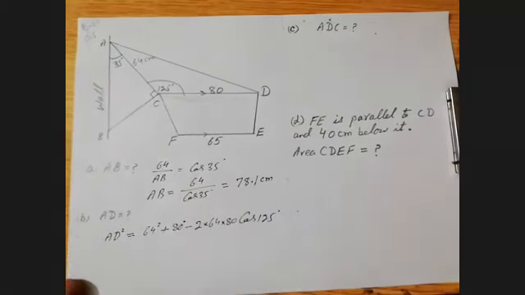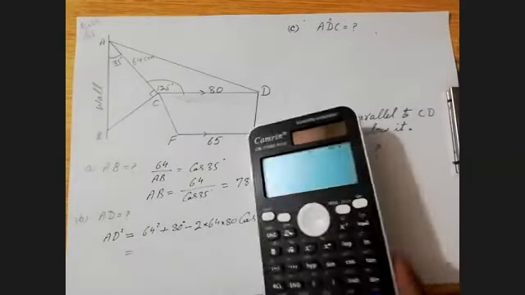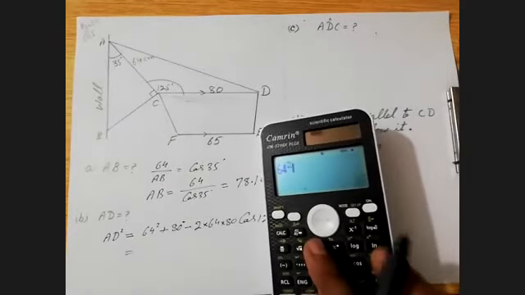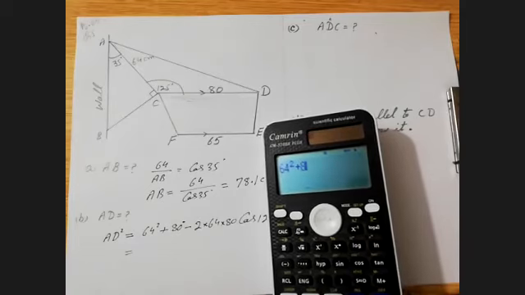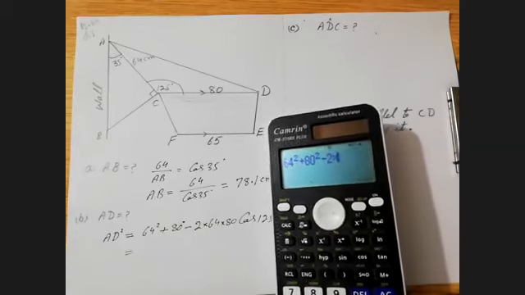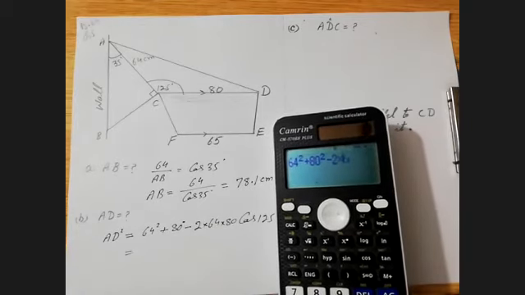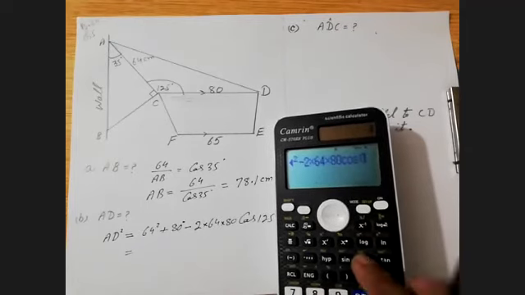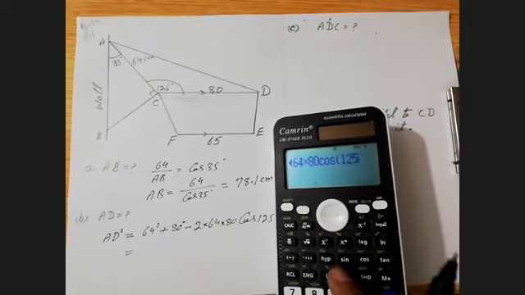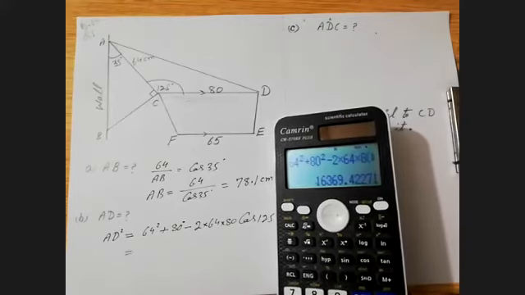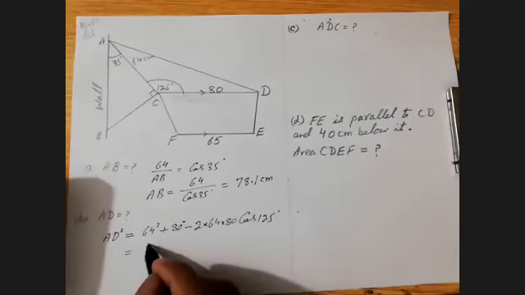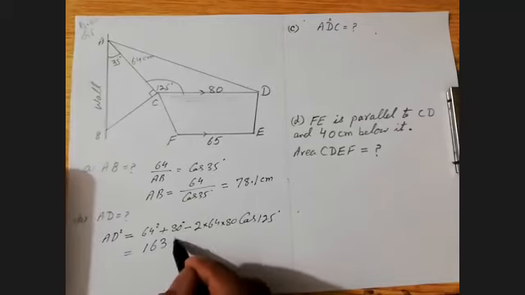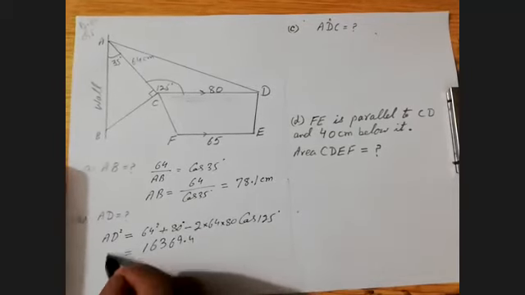This gives the answer 16369.4, which is AD square.